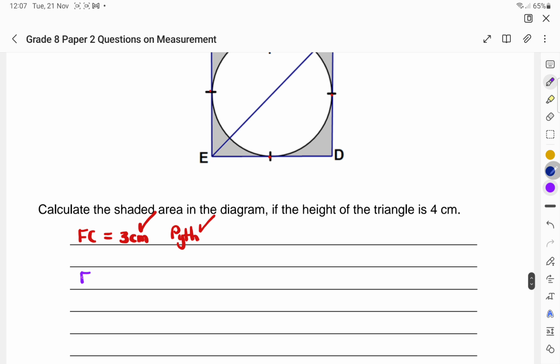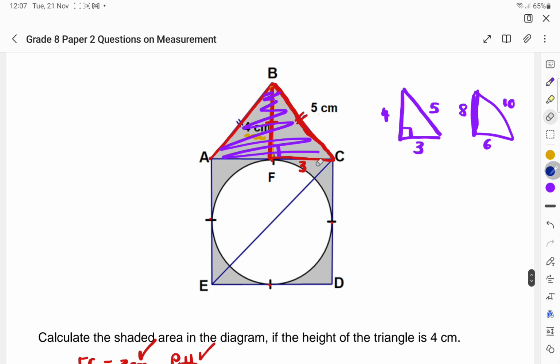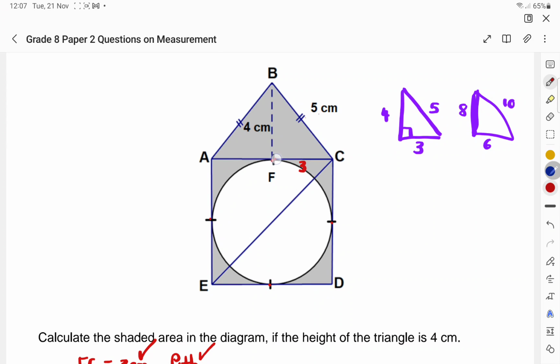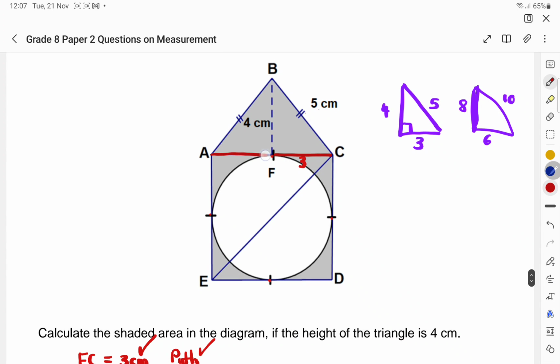And for the triangle, it is going to be base times the height divided by 2. Now, let's just clear up here a bit. We know that FC is 3. What would be AF then? Also 3. So AC will give you 6.